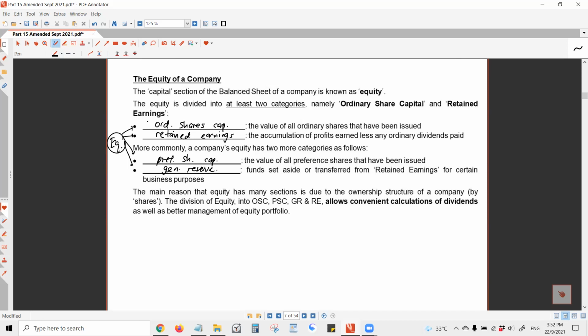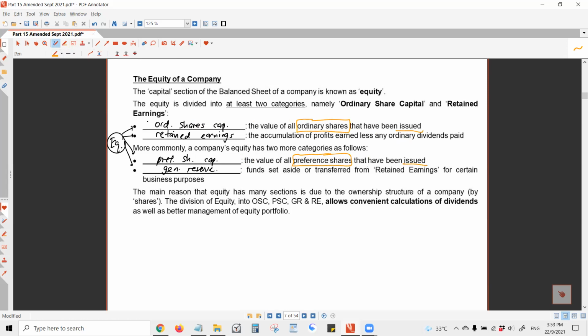Okay, let me explain a bit about each of these 4 things, because I have to carry it to the table later. Ordinary share capital means all the ordinary shares that you have issued. Preference share capital means all the preference shares that you have issued.